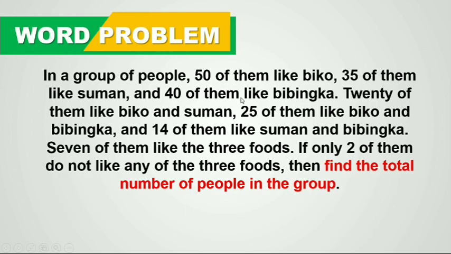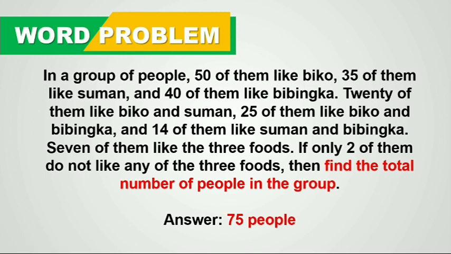Now, this is the answer for our second word problem. So there were 75 people who were surveyed in this word problem. This is just our answer because ito lang din naman yung tinatanong sa given na word problem. Alright? So that's just basically how you solve word problems using Venn diagram.